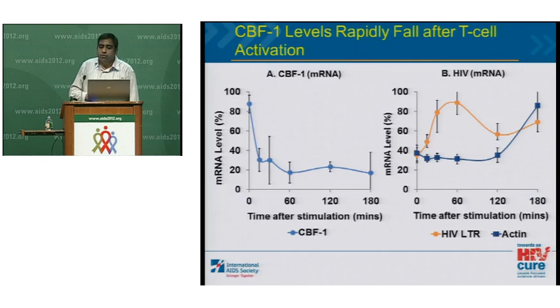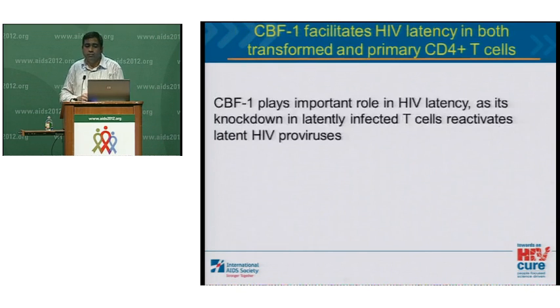In fact, in our published studies, we have confirmed the important role of CBF1 in HIV latency, not only in transformed T cell lines, but also in primary T cells, by developing a model system for HIV latency in primary T cells. Briefly, we have demonstrated the direct role of CBF1 in HIV latency, as when we knock down endogenous CBF1 in latently infected cells, the latent proviruses get reactivated.